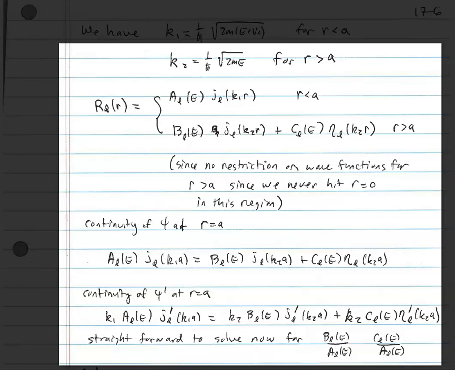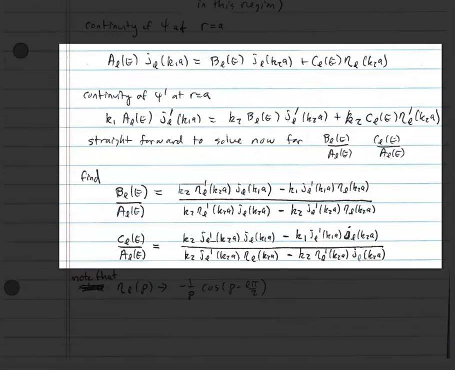And now there are identities that these spherical Bessel functions satisfy for their derivatives, or we can just solve this directly for the ratios of B_L over A_L and C_L over A_L. And that's all that we will get in the scattering expressions because there's a normalization constant that goes out in front, but the scattering coefficients come just from these ratios. So by solving this, we can then get the scattering coefficients.